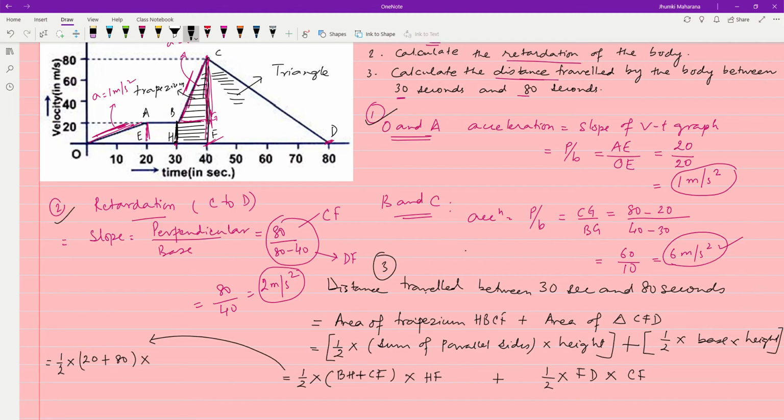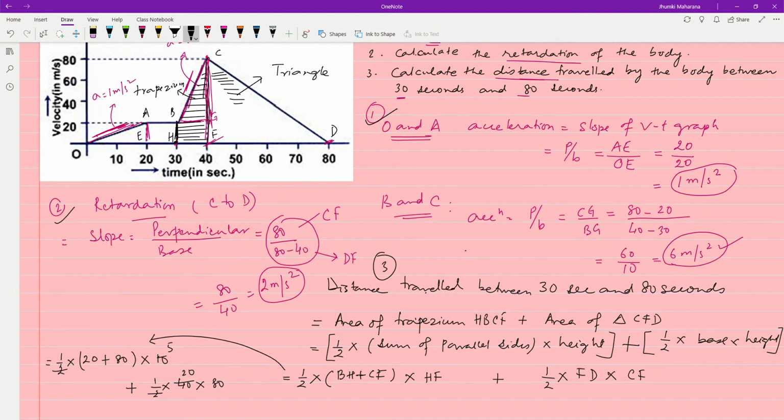HF is 40 minus 30 is 10. This is the area of trapezium. Then you have got triangle, half, base is how much? 40, height is 80. So if you cancel this, this is 20 and this is 5.